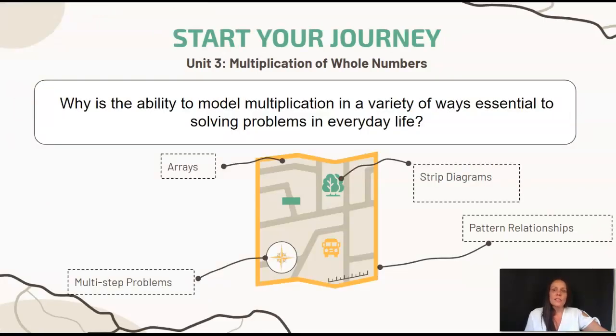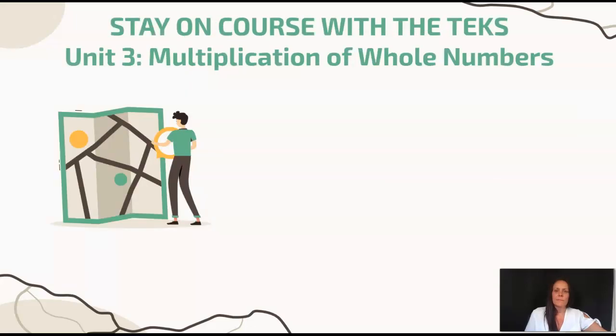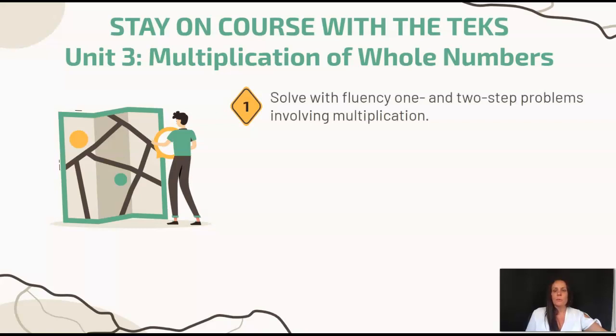Yet another question to stay on your journey. As you do this, think about this question. Why is the ability to model multiplication in a variety of ways essential for solving problems in everyday life? The 3 TEKS or standards that I would like to highlight today for you is first one for multiplication of whole numbers is to solve with fluency one-step and two-step problems involving multiplication.